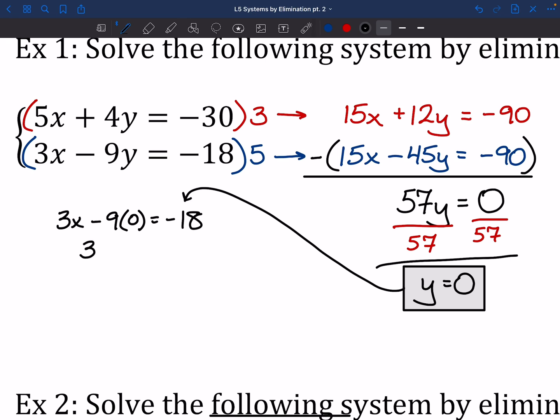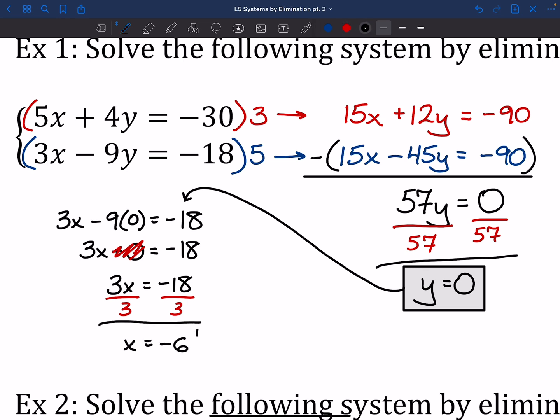Just like before, we're doing a little bit of simplifying. It's going to be 3x minus 0 equals negative 18. And then it's like that 0 isn't even there, we can just ignore it. So we've just got 3x equals negative 18. When I divide both sides by 3, that gets me the x I'm looking for, and x is going to be negative 6.